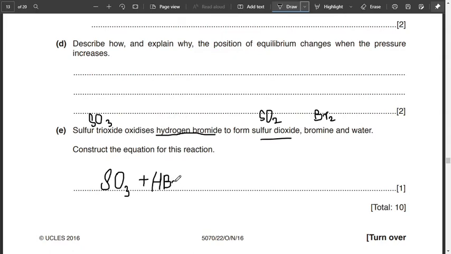And then it forms sulfur dioxide, bromine and water: SO3 + HBr gives SO2 + Br2 + H2O.